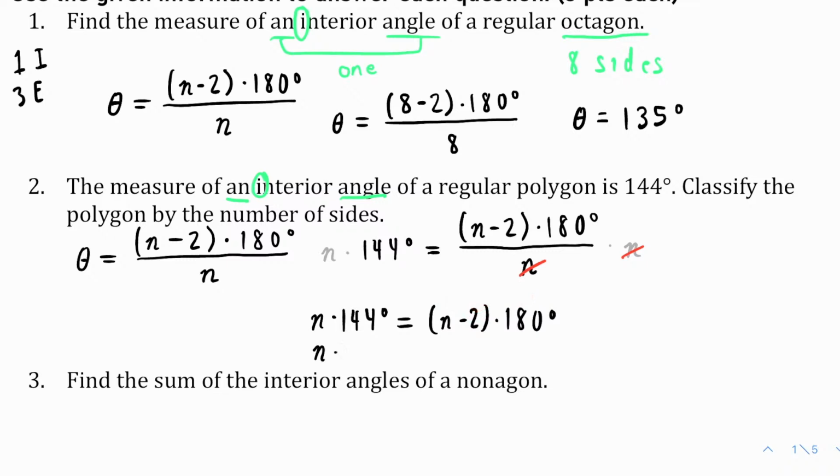So n times 144 equals 180n minus 360. So again, the 180n, that's just 180 times n. The minus 360 is 180 times minus 2. So I might draw in those distribution arrows.